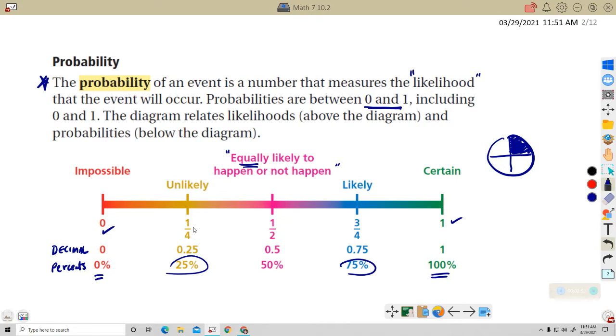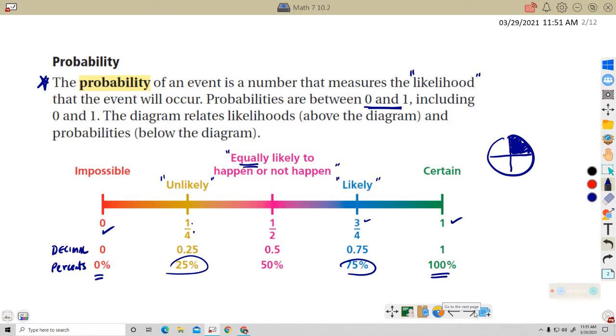Well, it's unlikely because there's only 1 out of 4 blue sections. But it's likely to land on the white because there's 3 out of 4 white sections. So they have these measurements here to go with these words, all right? And that's always kind of an iffy thing when you try to use words that are kind of vague to describe numbers, which are pretty precise.